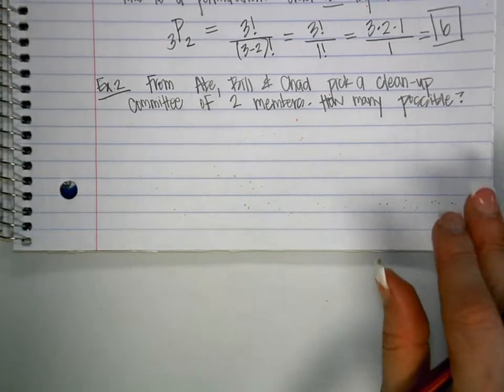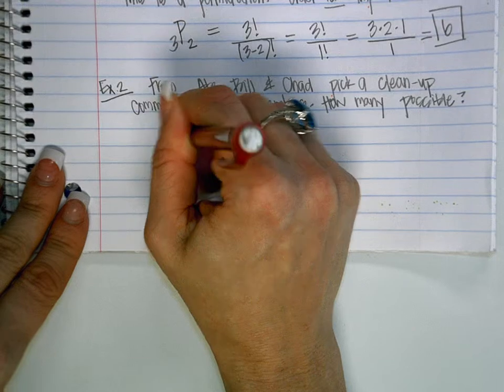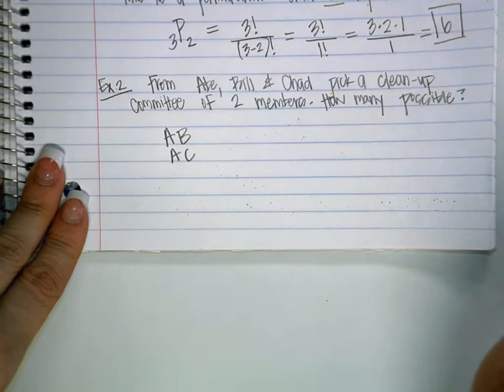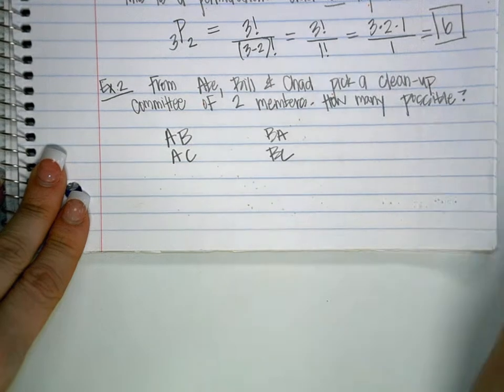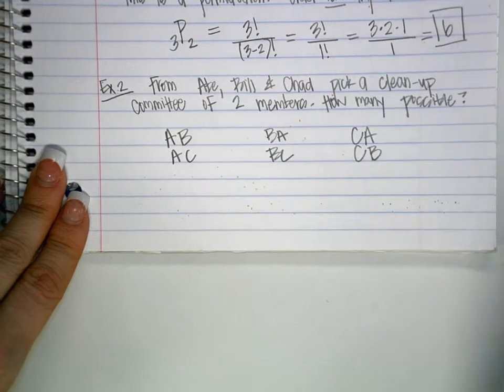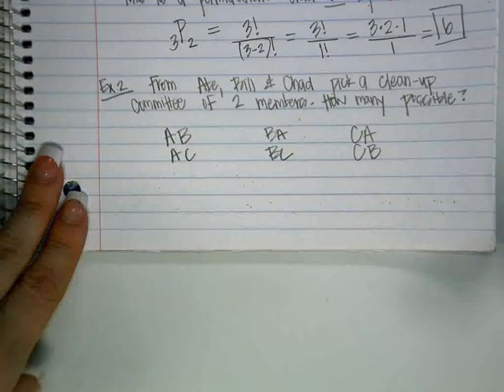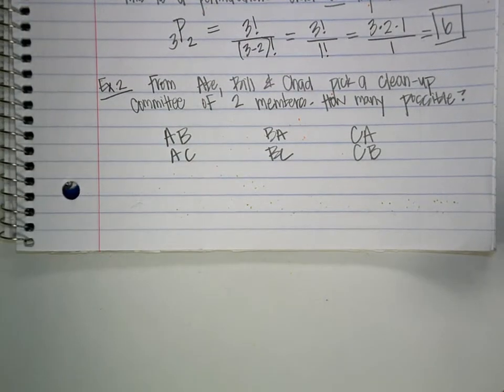So if we look at our previous example, we know that it could be Abe and Bill, Abe and Chad, Bill and Abe, Bill and Chad, Chad and Abe, or Chad and Bill. Is this still true? Why does this not work for this type of problem?